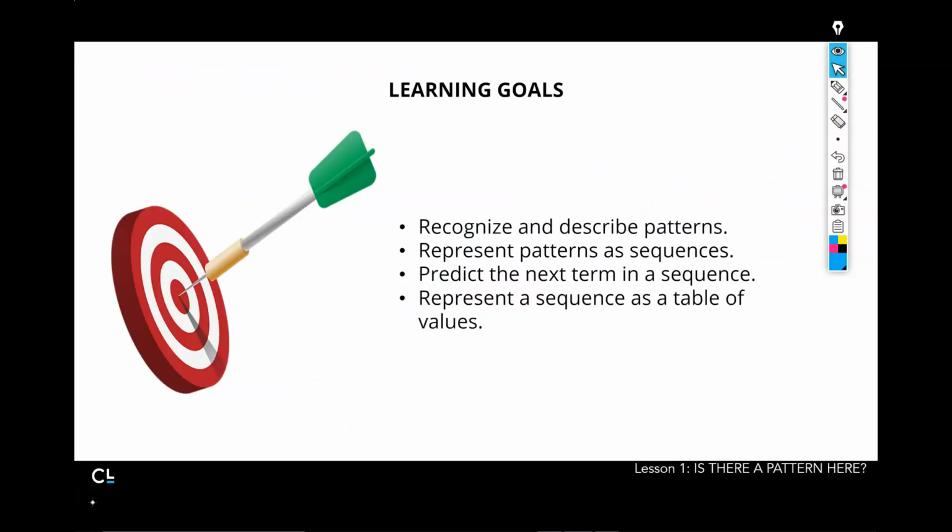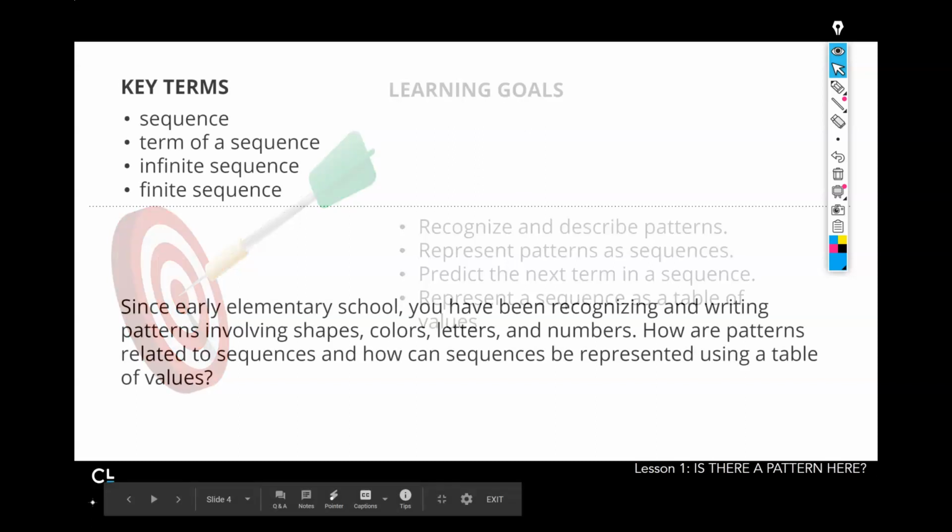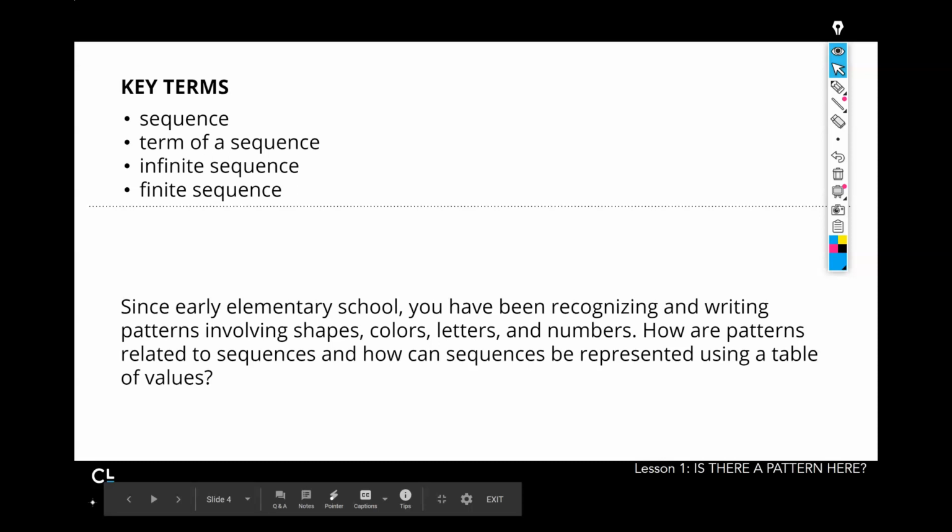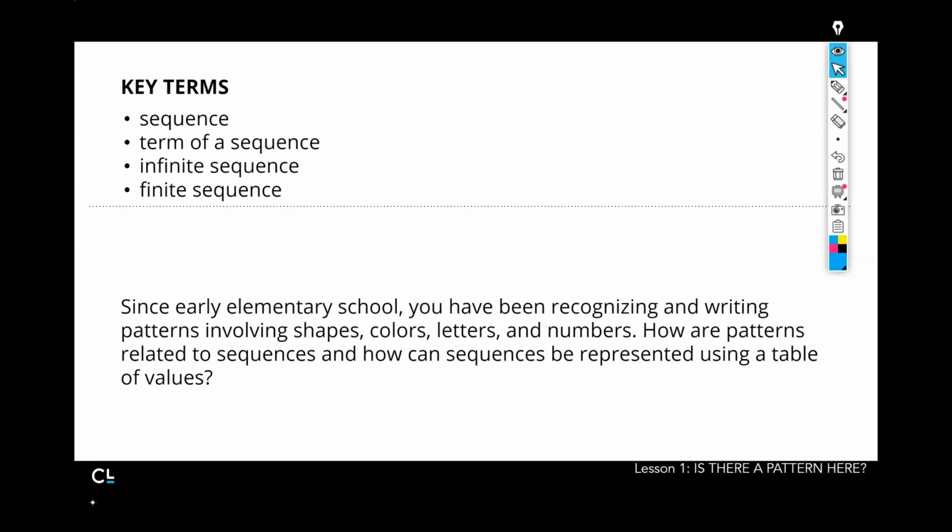Our learning goals for this lesson are to recognize and describe patterns. Represent patterns as sequences. Predict the next term in a sequence. Represent a sequence as a table of values. Key terms that we're going to look at are sequence, term of a sequence, infinite sequence, finite sequence.